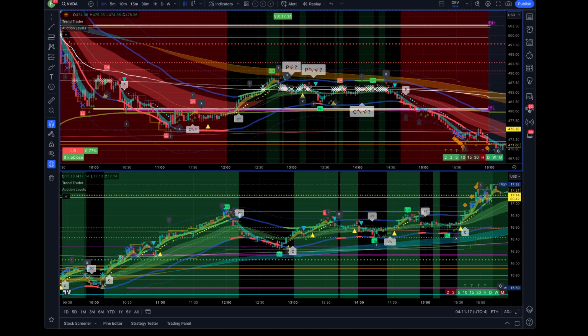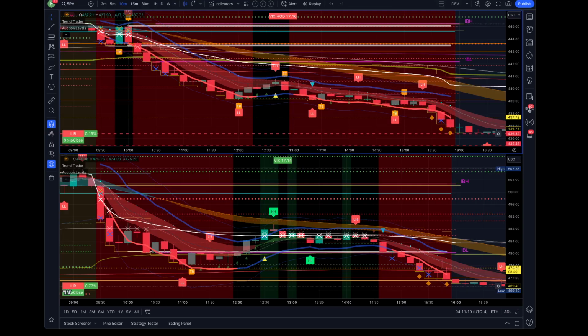Now, if we look at SPY again, but this time on the 10-minute, you can see that this lower band stays red for a big part of the day. So again, open it up at a higher time frame. Look at this lower band. How long does it stay red?